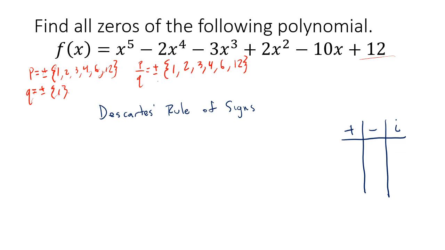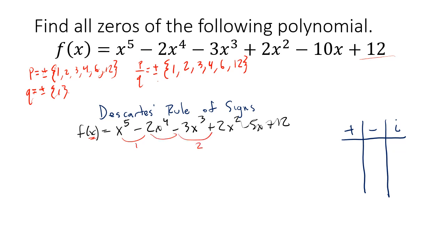So first of all, f of x is what's given to us. It's x to the fifth minus 2x to the fourth minus 3x cubed plus 2x squared minus 5x plus 12. We look at the sign changes here. This is f of positive x, so we're going to count the number of sign changes. There's 1, no, yes, 2, yes, 3, yes, 4.